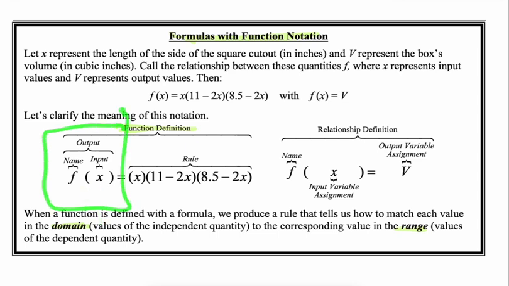The output is your y in most cases, if we're putting it on a graph. That's going to be your y value. And in this case, we can call it f of x. So it just gives you what it's related to. Now here they said f of x is going to be equal to our volume. So they've given us that relationship very clearly there. Okay. So there's not too much there with all the stuff we've been talking about.